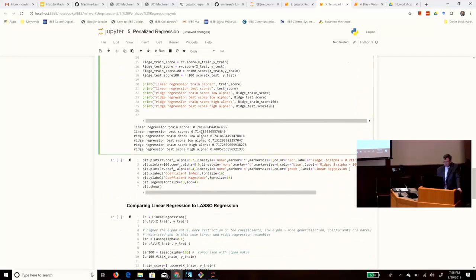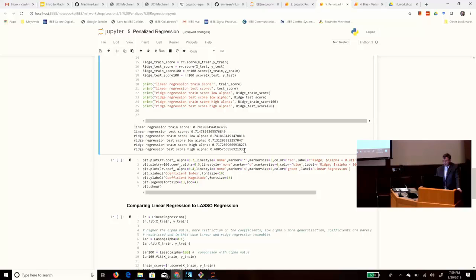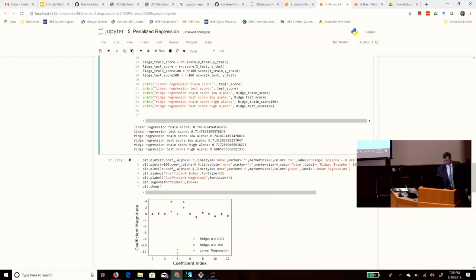Okay, so here, the numbers are actually quite comparable. Well, that's because I didn't really change much in my ridge regression, and we'll look at that in a second. When I go to the higher one, alpha of 100, we actually do a little bit worse on training and a little bit worse on test. How do I feel about that? I'm showing you worse numbers and telling you you should do this. Well, a couple of things.